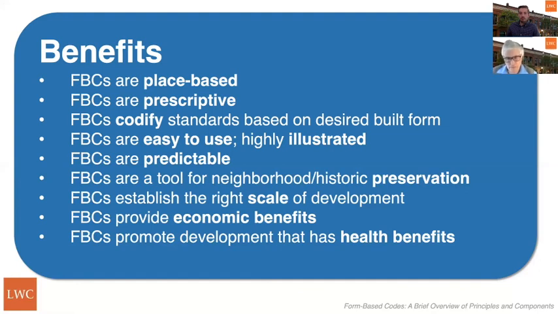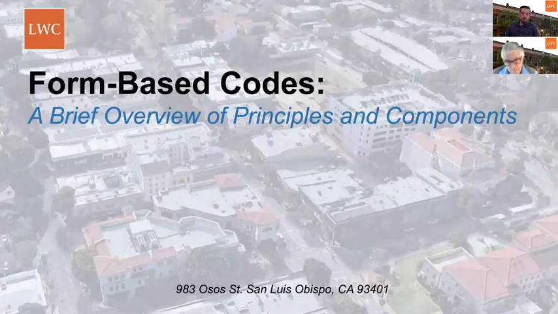Form-based codes have been proven to provide very strong economic benefits in the communities in which they are applied. And because form-based codes promote development, that means people walk more or bike more or take public transit. They're parking their cars more, and as a result of that activity in walking, there's a number of strong health benefits that are common as well.